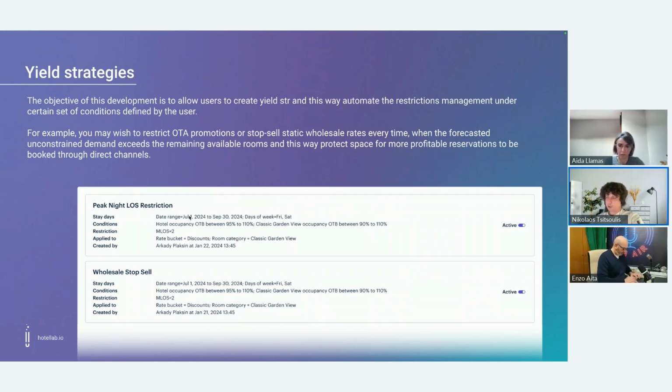However, at certain points, when I am forecasting that I'm going to be full, I also need to be able to apply different restrictions, length of stay restrictions, or close to arrival or close to departure, as mentioned earlier. So we're building a particular module, and we actually already have the yield management model that I showed in the previous slide.